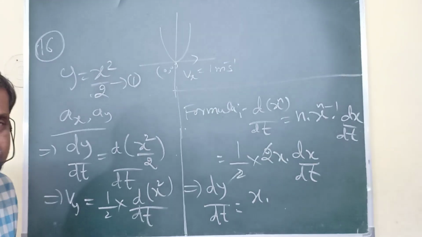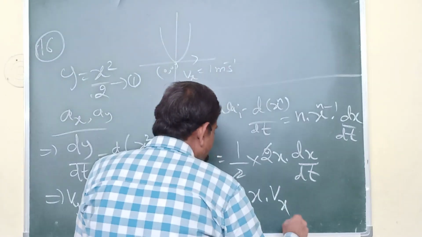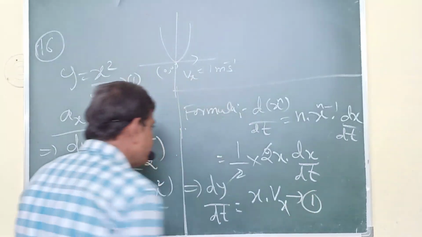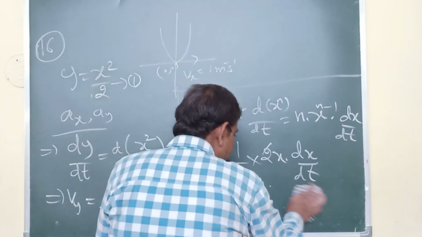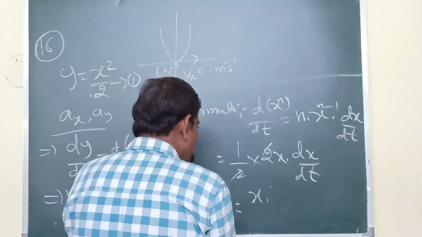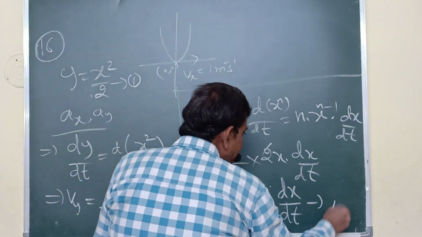Here dx by dt, the rate of change of displacement along the x direction, is velocity, so I take it as vx. This is my first equation: dy by dt equals x into dx by dt.